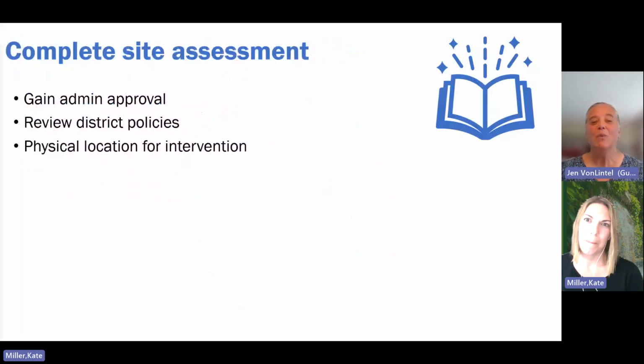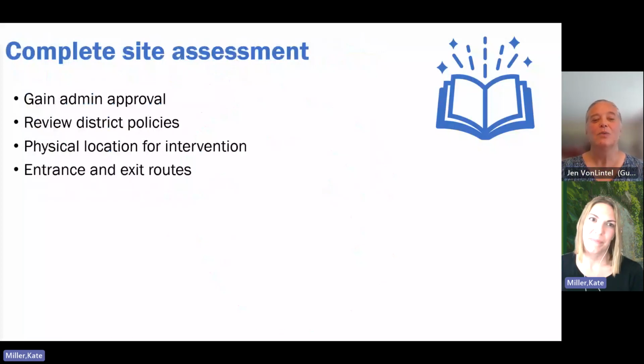And then be thinking about, where are you going to have this intervention? Is there going to be enough room for this intervention if you've got a beautiful Bernese Mountain Dog and 3 students in a small space? We've actually looked at a couple of different locations where we can do interventions just based on the number of people involved and the breed or the size of the dog. You'll want to look at entrance and exit routes.